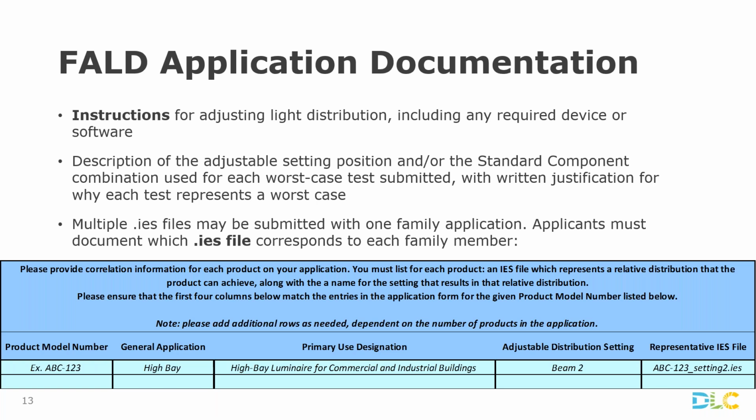Is it a Phillips screw, some sort of adjustment made by a screwdriver? Is it an electrical voltage? Is it a remote control? Where do the standard components attach or detach? And that's just simple text so that we understand what it is we're looking at and reviewing.